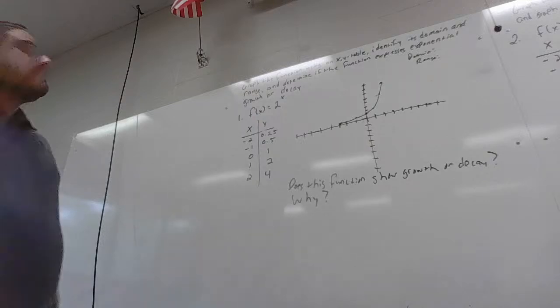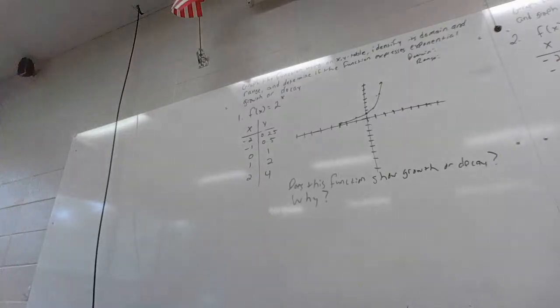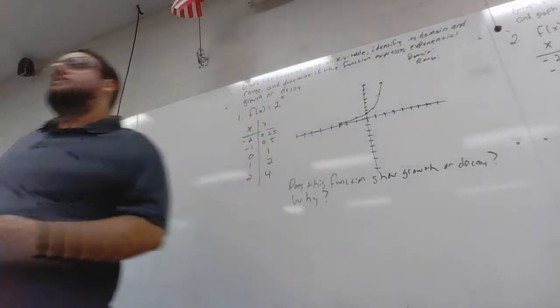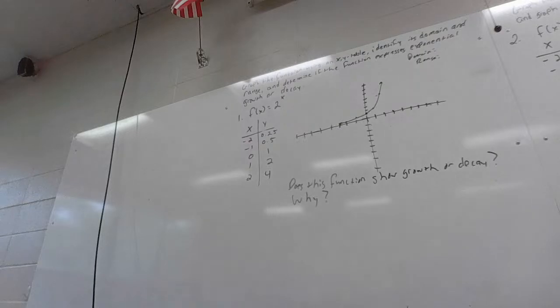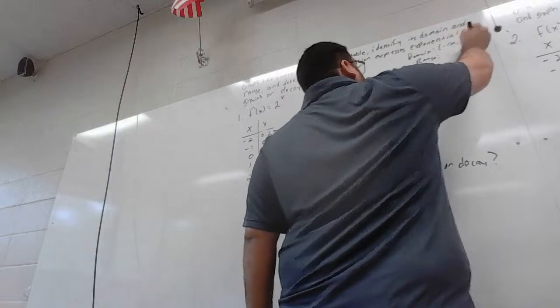Okay. Now let's look at the domain and range. Let's start with the domain. What would the domain of this function be? You can either look at this here, or you can look at the graph to determine that. What's the domain of this function? Say that again. Good. All real numbers, right? Negative infinity, positive infinity.